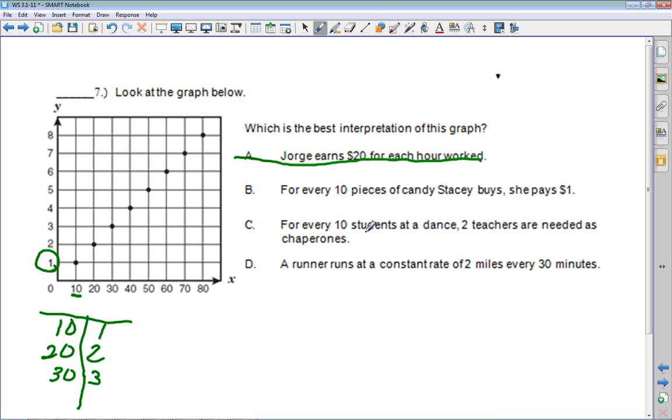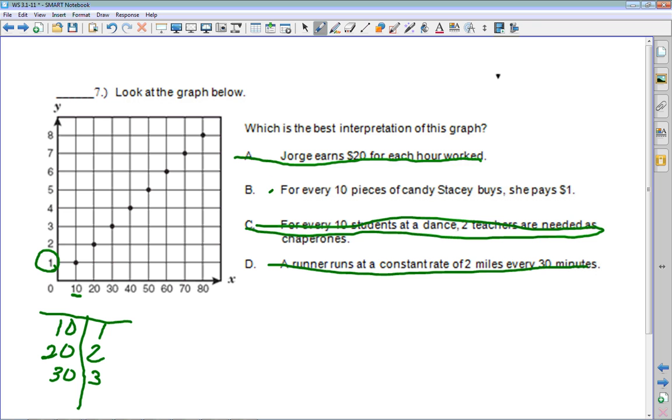This one says for every 10 students at the dance, 2 teachers need to be the chaperone. Every 10, oh, there's only got to be 1. Can't be this. The next one says a runner needs to run at a constant rate of 2 miles every 30 minutes. 30 minutes, it's up at 3. Can't be this one.